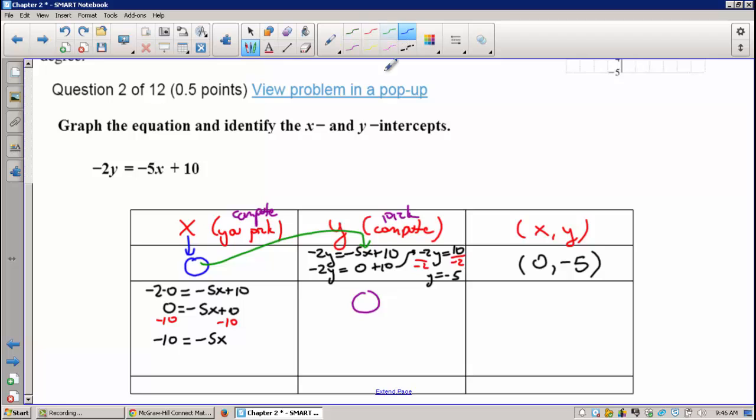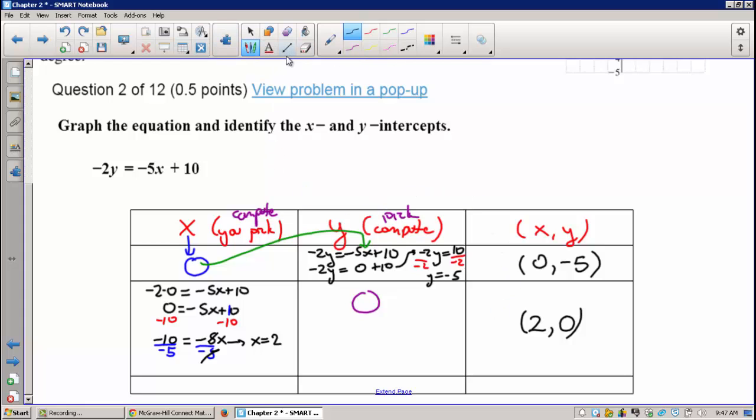Divide both sides by negative 5. By the way, this is minus 10. Negative 5 division. We get x is 10 over 5, 2. So what's the pair couple you got this time? 2, 0. Alright? Now what is next after this?